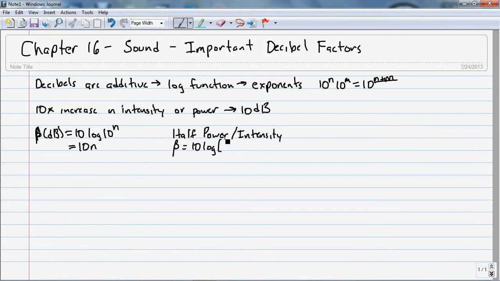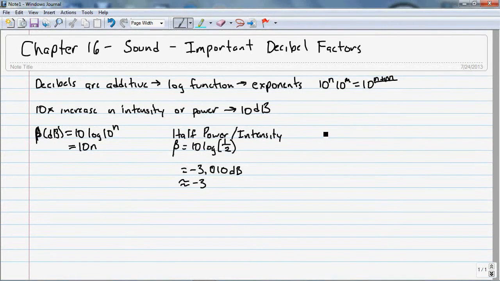Our ratio comes up to be 1/2. If you calculate that out, you will find that that's about minus 3.010 decibels. And we just round it to say it's approximately minus 3.